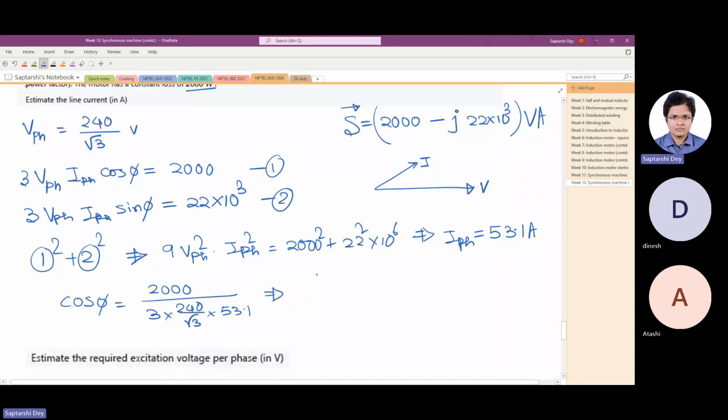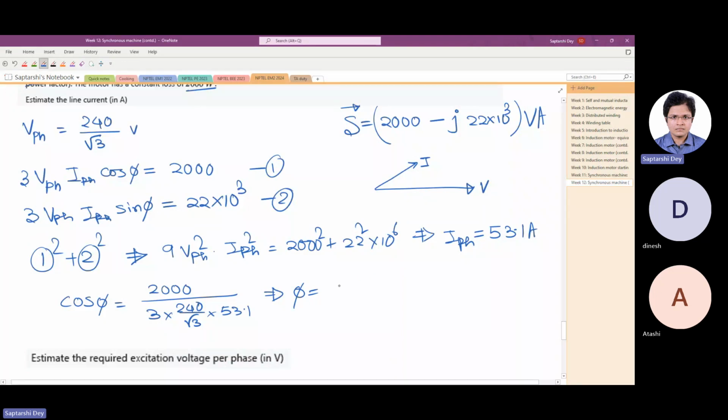So phi should be cos inverse of 2000 by 240 root 3 times 53.1, which is 84.8 degrees.